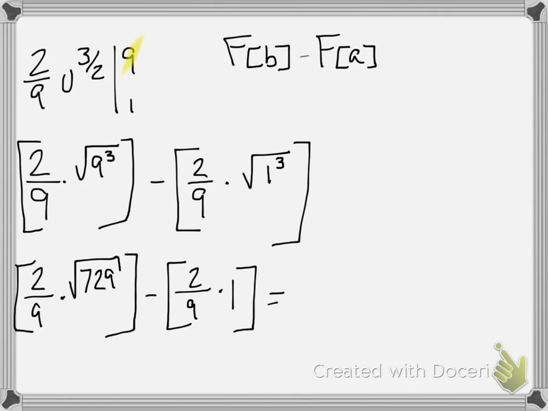And that is equal to 2/9. The square root of 729 is 27. Make sure that looks like a multiplication instead of a minus. Minus, and then 2/9 times 1 is just 2/9.